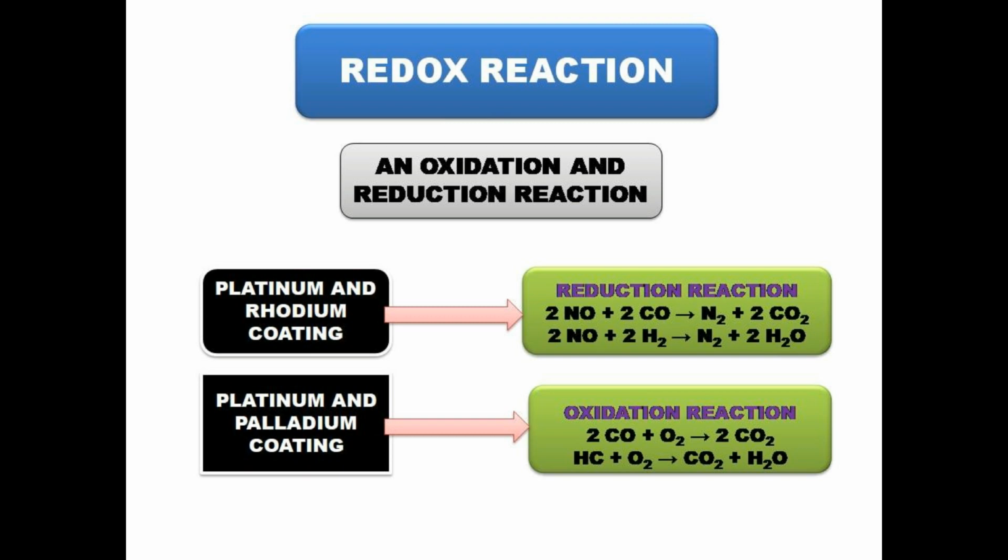A catalytic converter reduces harmful gases and pollutants in exhaust gas by catalyzing a redox reaction, an oxidation and a reduction reaction. In ceramic block 1 with platinum and rhodium catalyst coating, reduction reaction takes place. 2NO plus 2CO gives N2 plus 2CO2.